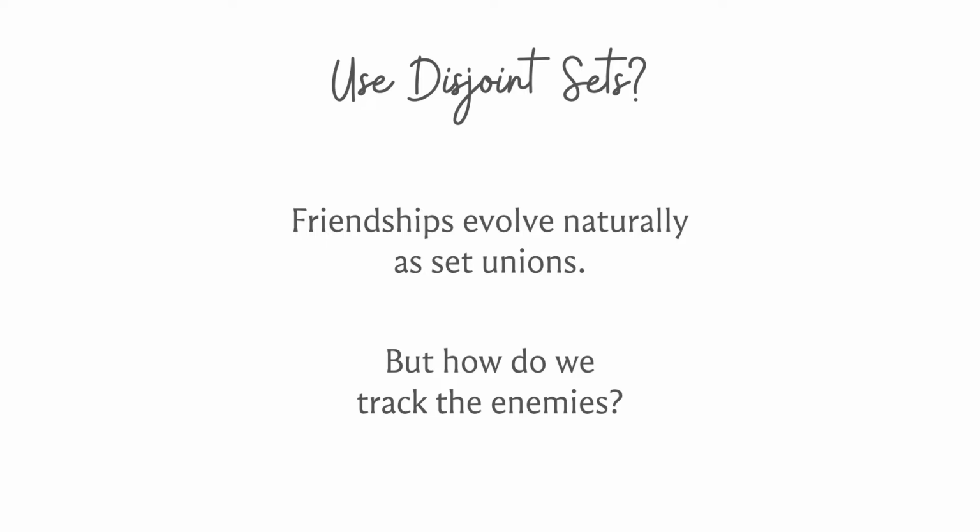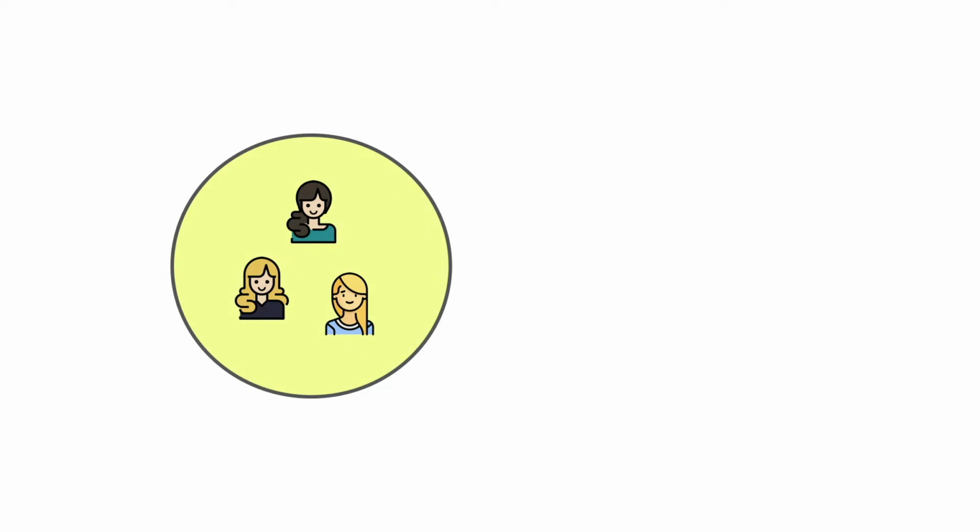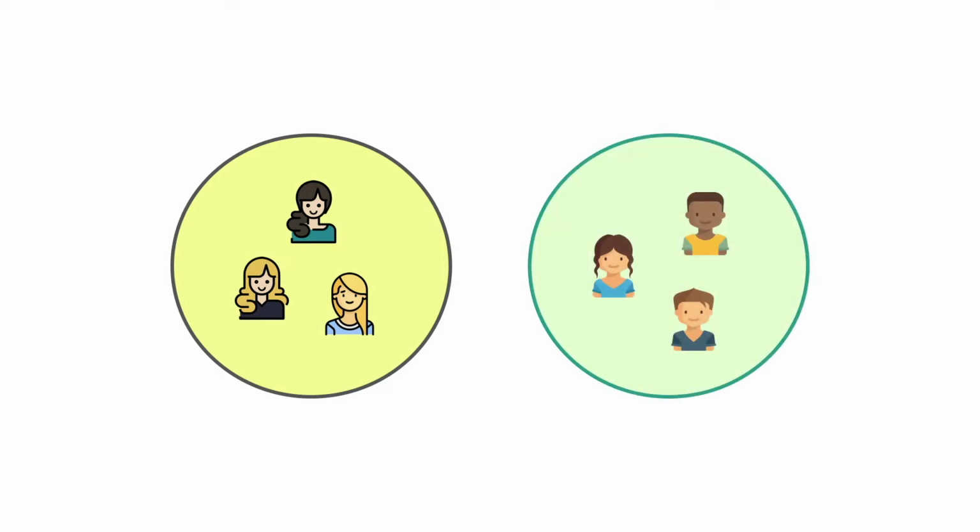So let me just say that one way of tracking the enemies is to just track the enmities between the leader elements, and it turns out that that'll be sufficient to make all the inferences that we need to make. In particular, let's say that at some intermediate stage you have developed some of these friendship clusters, and let's say that you know that there is some pair of people, one from the first cluster and one from the second, that are enemies.